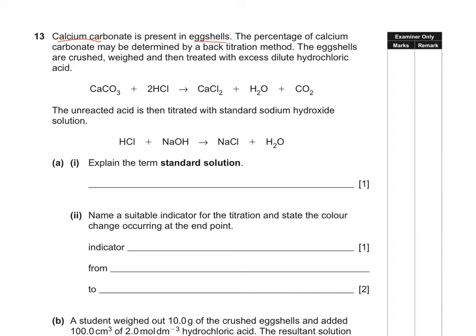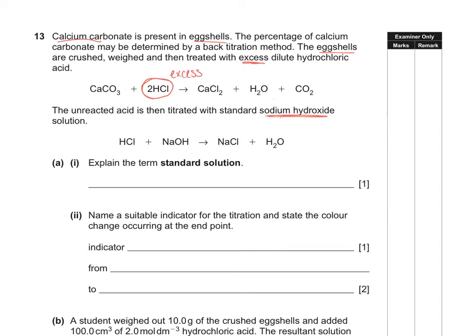And it gives us some of the practical details about how the eggshells are reacted with excess dilute hydrochloric acid and then titrated with sodium hydroxide. We talked yesterday about what is actually happening here, about how we use an excess of hydrochloric acid in the first place to make sure that all the calcium carbonate reacts.